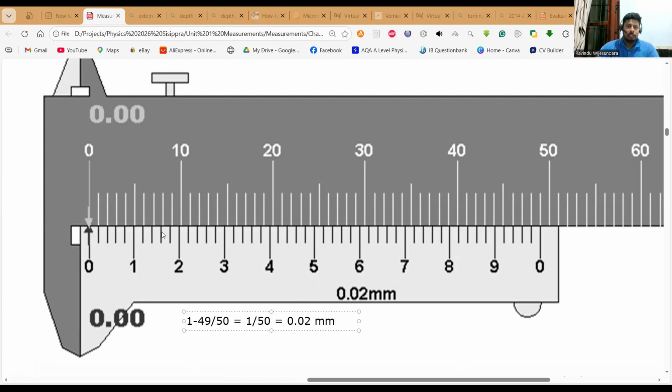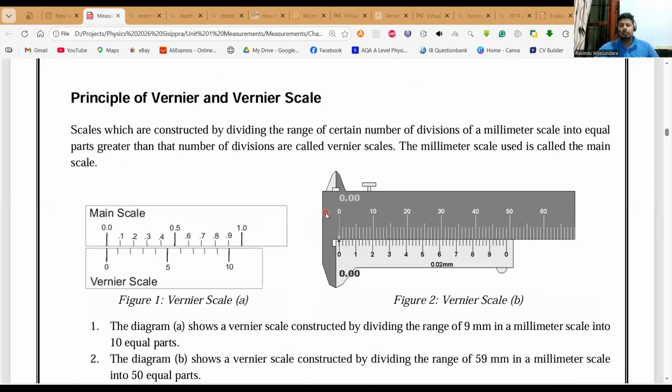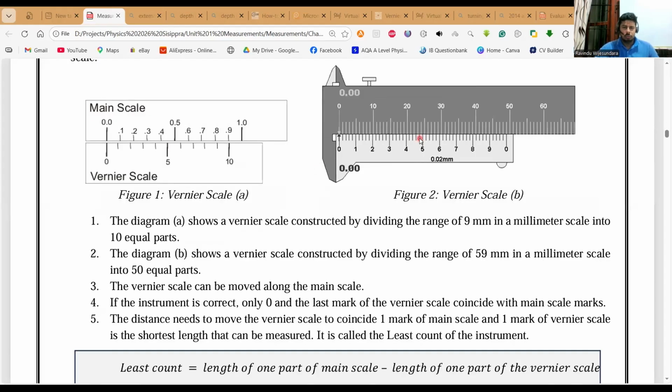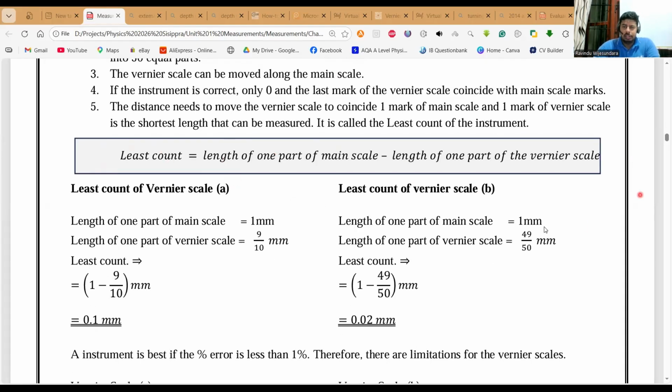It is actually clearly mentioned at the bottom also in the tutorial. You don't need to draw the diagrams because this is a bit difficult to draw and it is time wasting to draw these kinds of bigger diagrams. So just take the idea. I have given how to calculate the least count in a very detailed manner.